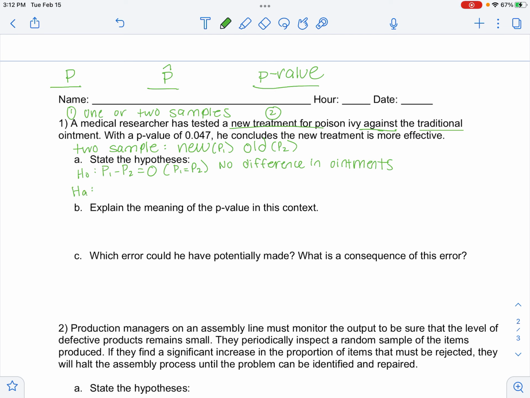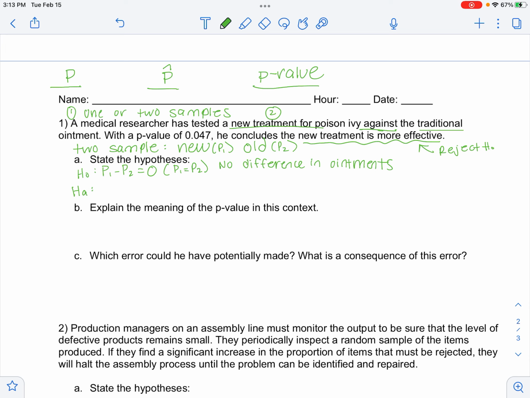The alternative hypothesis comes from the problem. It tells me that he concludes the new treatment is more effective. Well, if he's concluding the new treatment is more effective, that tells me a few things. First off, that tells me that he has rejected the null, because our null is that there is no difference between the two.